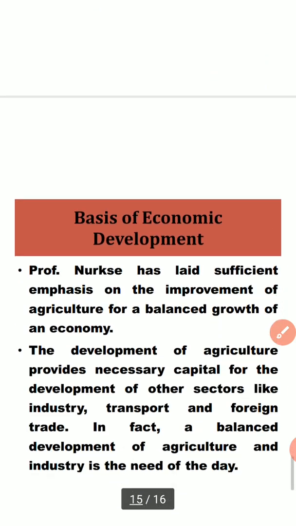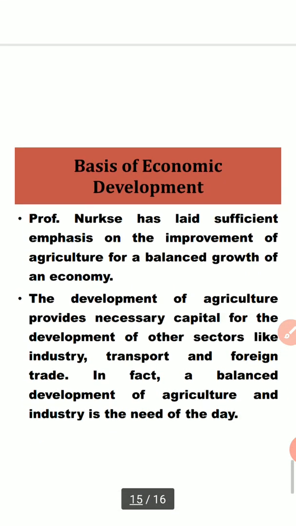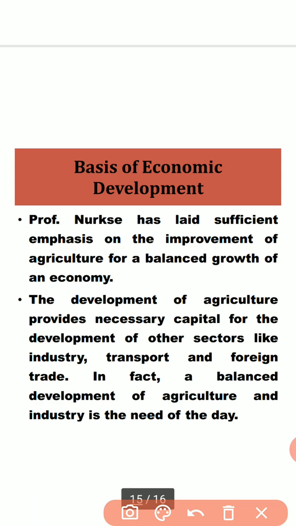Next point is basis of economic development. This point is very important, as rightly mentioned by Knox, that balanced development of the country is not possible without improvement of the agriculture sector. If you want balanced development, you need to develop the agriculture sector.